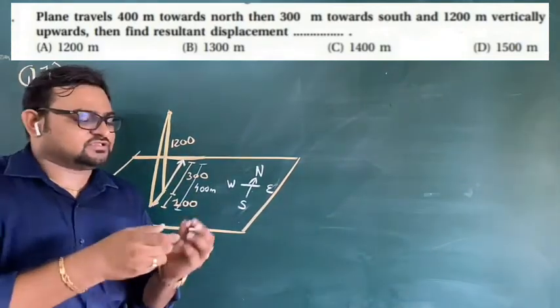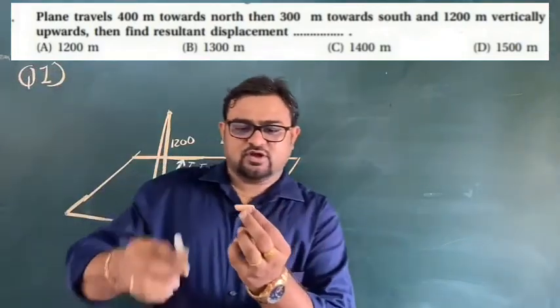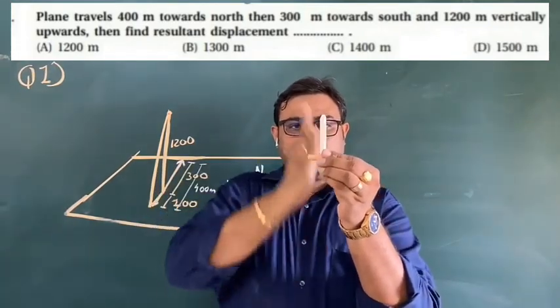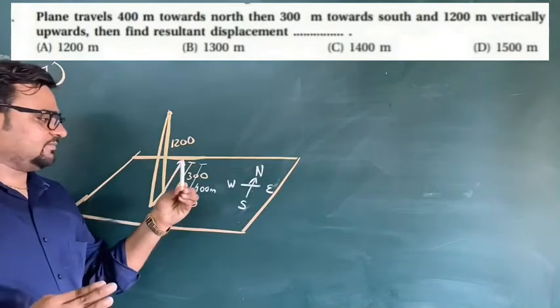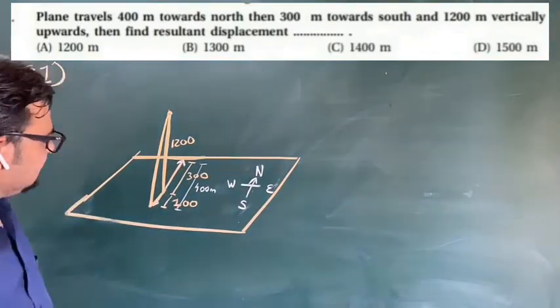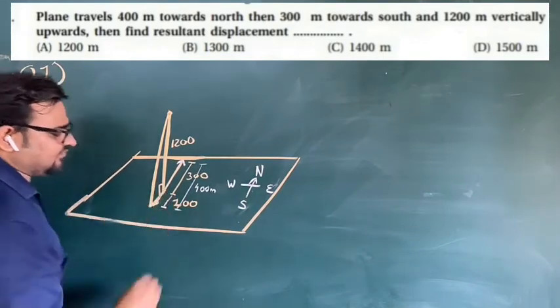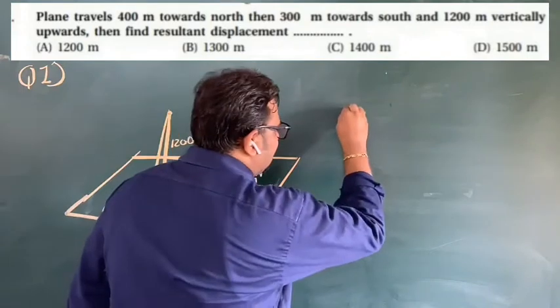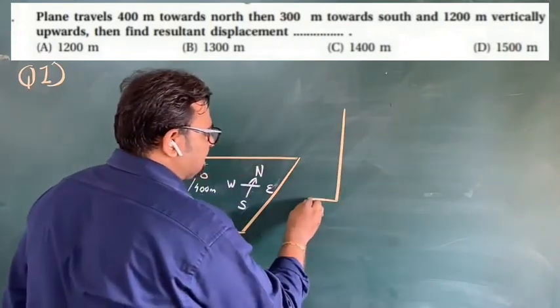It's a 90-degree angle, so this is a right angle triangle. If I draw it clearly, it's like this.